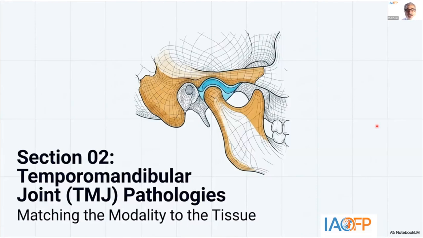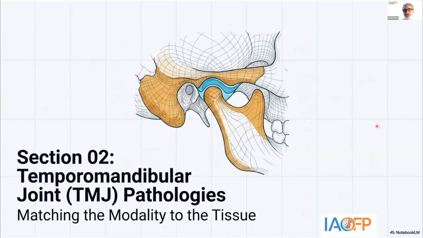If we know the problem is more hard tissue, CBCT will be really the option here. Also, if we have a disc-related issue or surrounding soft tissue problem, we have to decide on an MRI or not. So different modalities complement each other in TMJ problems and in orofacial pain practice in general.